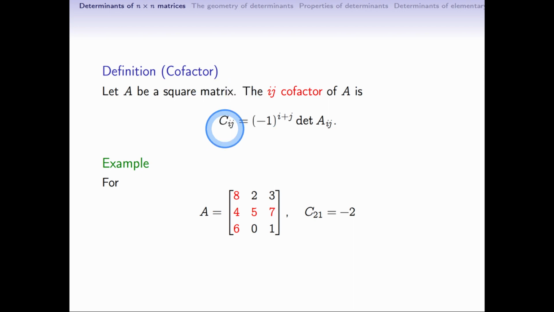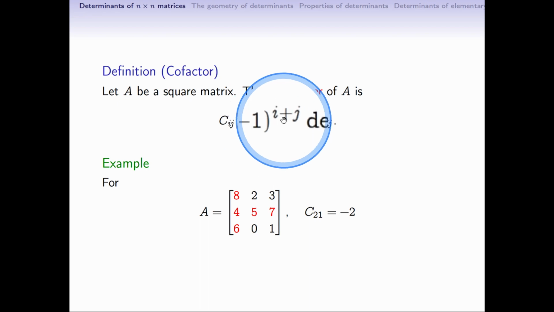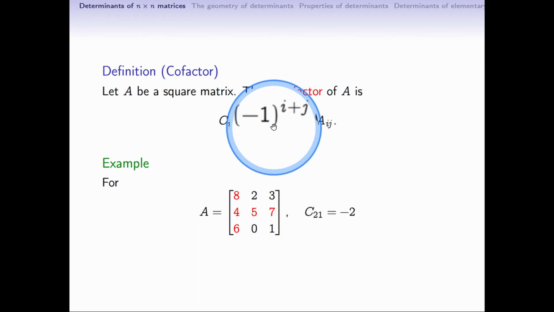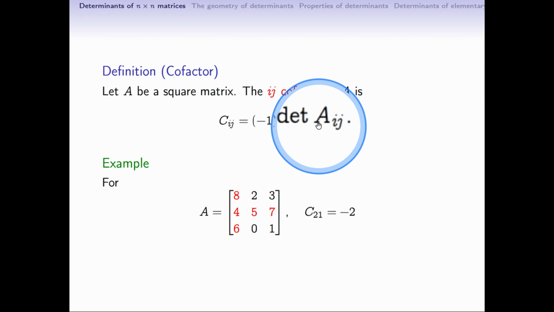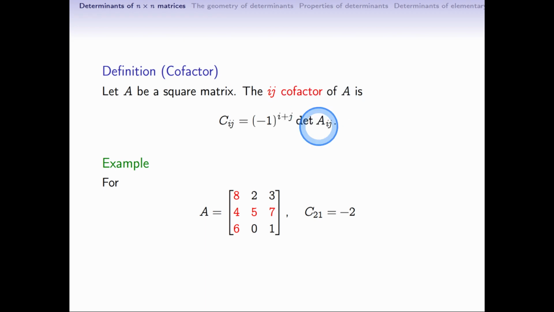And what is it? Well, it's the product of the sign associated with that position times the determinant of the associated minor. Now, for example, let's say we have this 3 by 3 matrix A, and we want to know what is the cofactor in row 2 and column 1. So what is capital C sub 2,1?